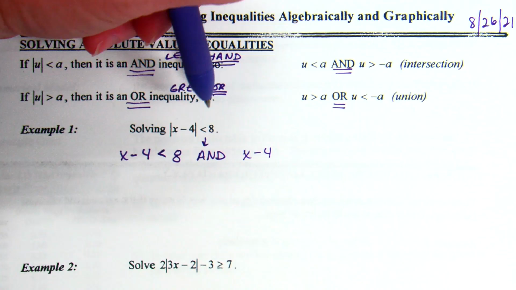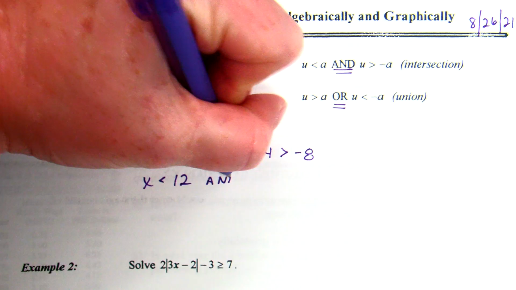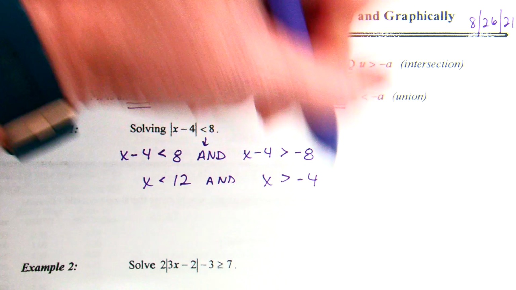Less than becomes greater than, and positive 8 becomes negative 8. You know how to solve. If it's x minus 4, I'm going to add 4 and get x less than 12. And adding 4 to negative 8, I get x greater than negative 4.